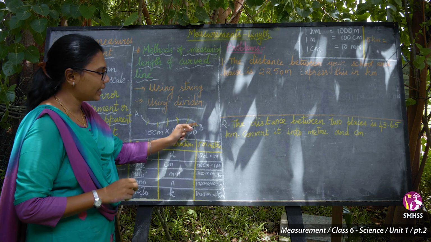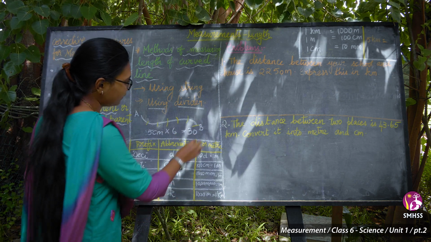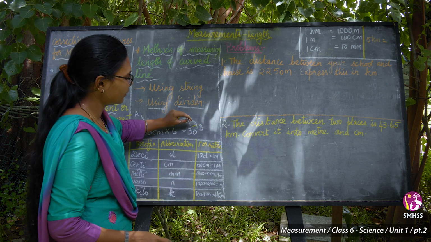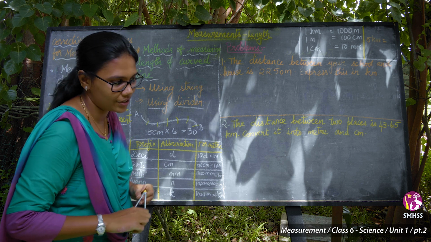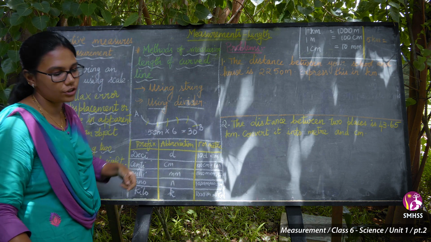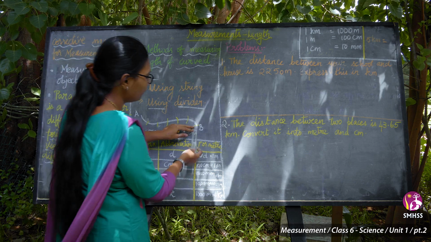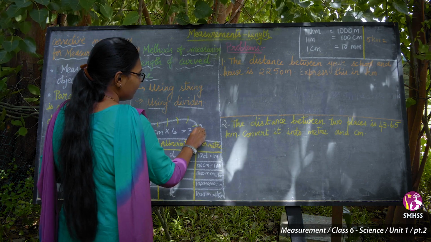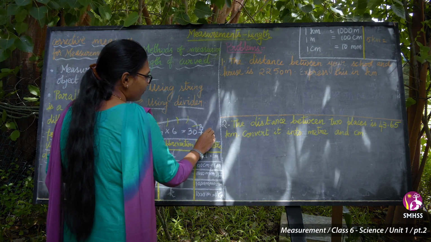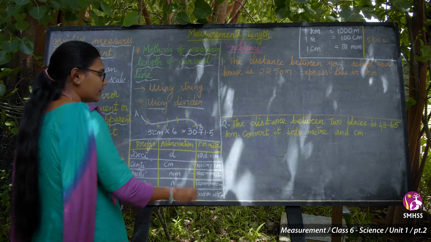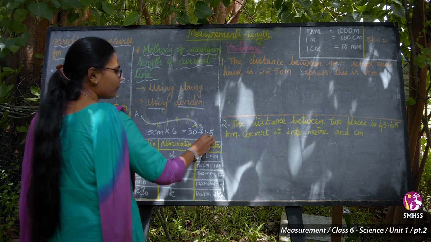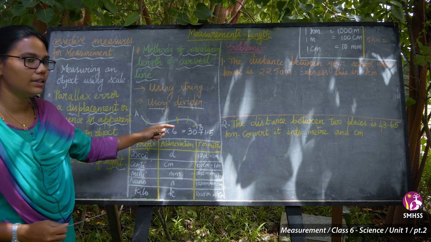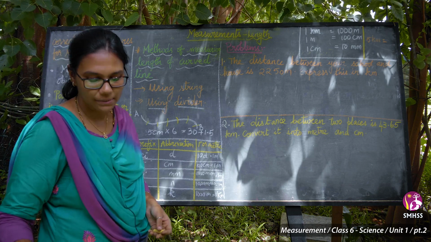If you have an extra bit left over, if I am placing it over here and the curve goes a little further, what will you do? You will measure that part alone with the scale. Say 1.5 centimeter, you will add the leftover part. So the total is 31.5 centimeter. What is the length of this curve? 31.5 centimeter. Yes.